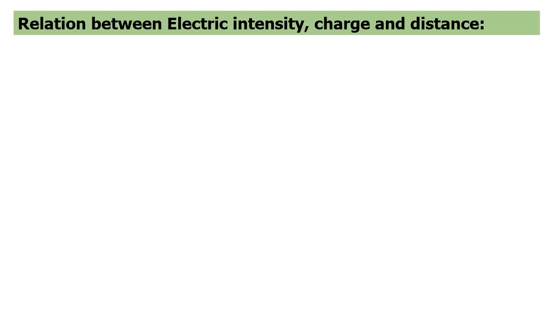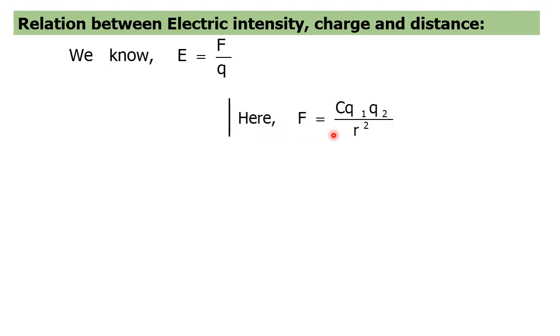Let us discuss the relation between electric intensity, charge and the distance. That means there is another formula of electric intensity. Let's talk about it. First, the formula of electric intensity, E equal to F by Q. Here F is the force. If we consider the coulomb force, then we know coulomb force F equal to C Q1 Q2 by R square.